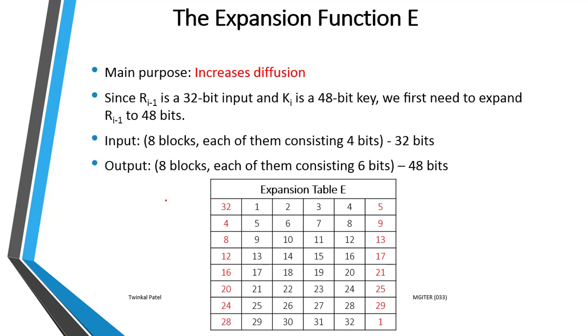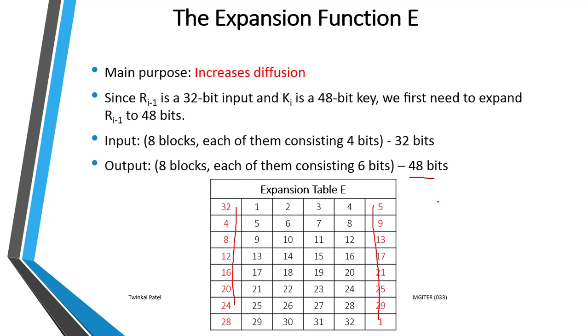Here it expands the table. We have a 32-bit input table which is expanded, and a total of 16 bits are added here. Two columns are added, which gives us a 48-bit output.